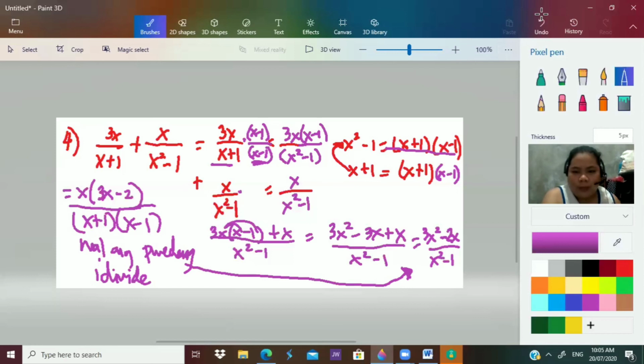Ibig sabihin, nakasimplify na siya. So our final answer will be 3x squared minus 2x all over x squared minus 1. Okay. So, tingnan natin kung meron pang example number 5.